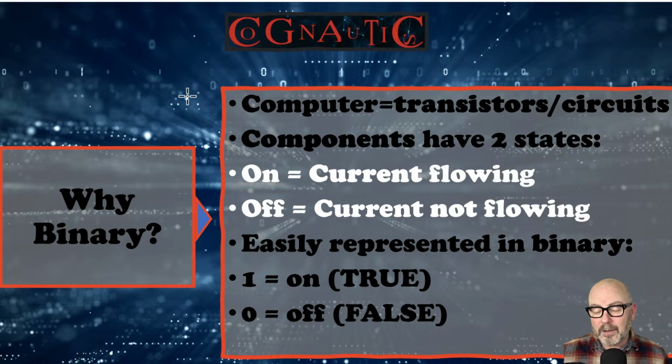So computers are made from transistors and circuit boards, okay? And the components within these circuit boards have got 2 states, on and off, current flowing or current not flowing. And so therefore binary is the best choice of language to represent that, because binary's got ones and zeros. So look at how many marks there are for the question. If it's 1 mark, you can say that the components inside computers have 2 states, on and off.